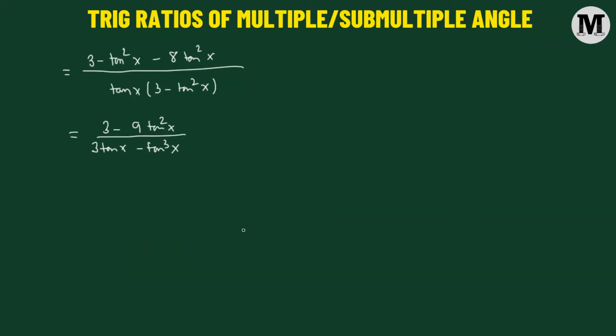Fine. What we'll do, in the numerator, we're going to take 3 as the common factor. So 3 gets multiplied to 1 minus 3 times tangent squared x, whole divided by 3 times tangent of x minus tangent cubed x.